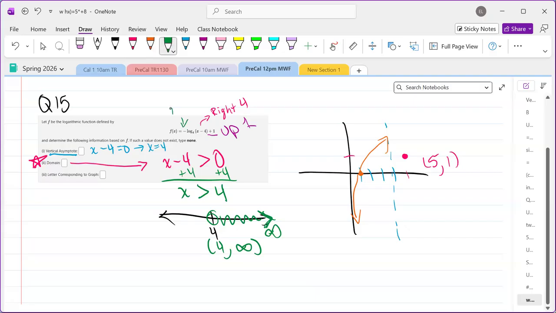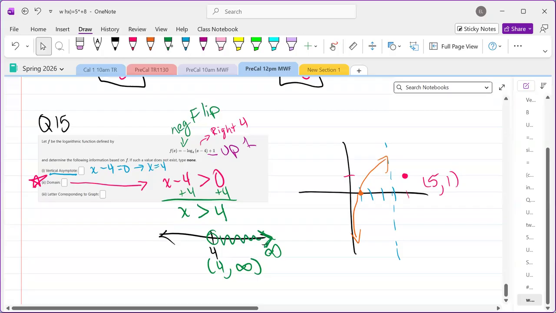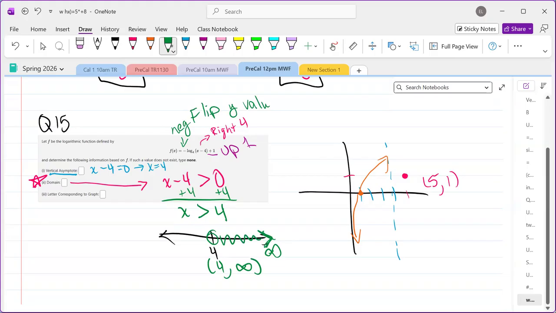Now, the other thing to account for is that negative in front is going to do a flip on the graph. It's outside the function, so it's going to flip y values. I call that an up-down flip because it's flipping the top and the bottom. So now it's going to hug the asymptote on top and then shoot down to negative infinity.